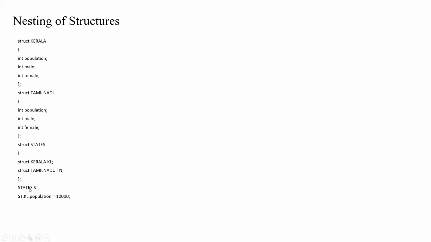Then we create an instance states ST, so ST is the data type you have created. ST.KL.population: ST consists of Kerala and Tamil Nadu. You can choose KL or TN, and in KL, you can choose any of the three elements. So that is the purpose of nesting of structures.